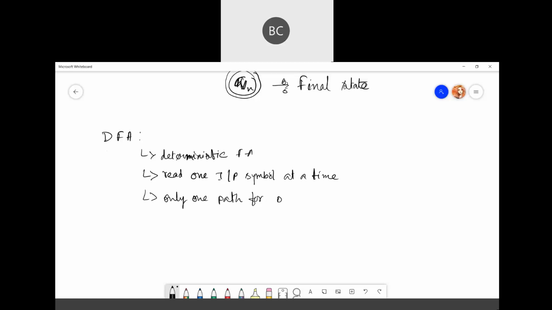Only one path for a specific input from the current state to the next state. And it does not accept null strings.